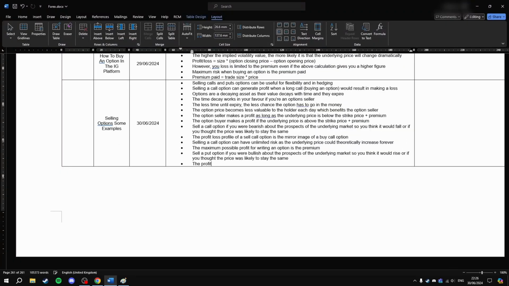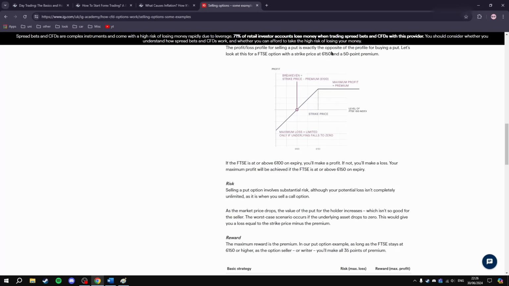So the profit loss profile of a sell put option is the mirror image of a buy put option. So the strike price is 6150 and a 50-point premium.